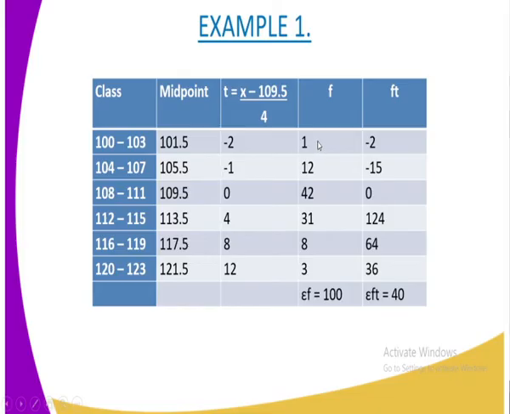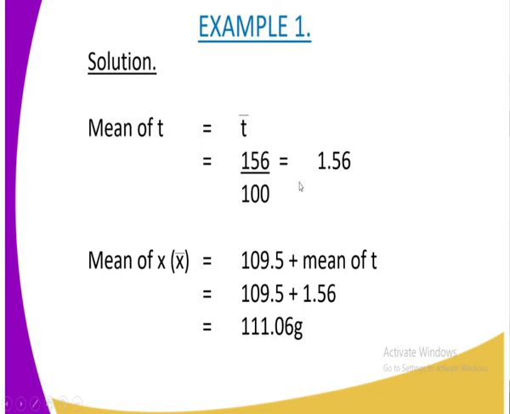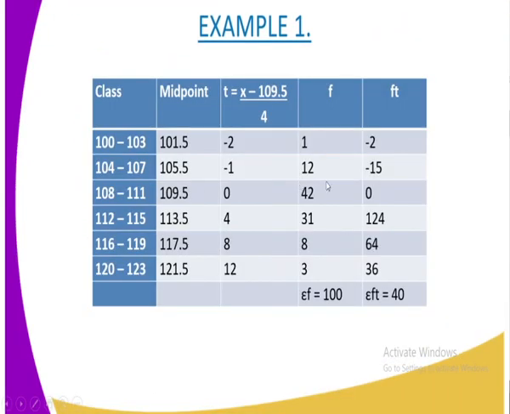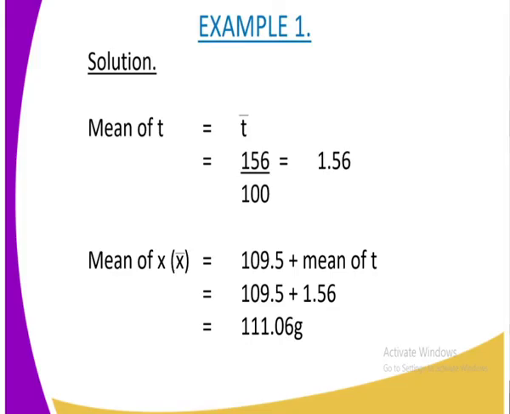We also have the f, which stands for the frequency. Then our ft, here we are multiplying our t with f, so you multiply -2 by 1, -1 by 12 and so forth. That is what we are normally doing.